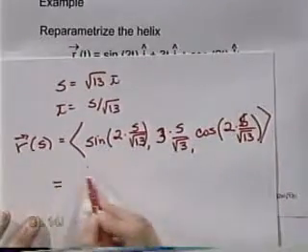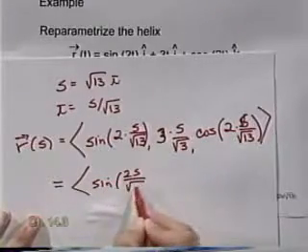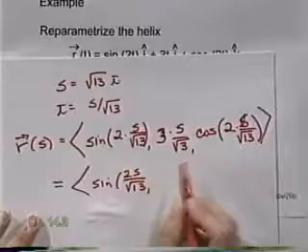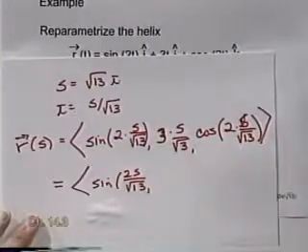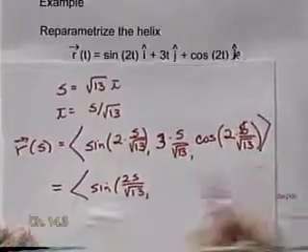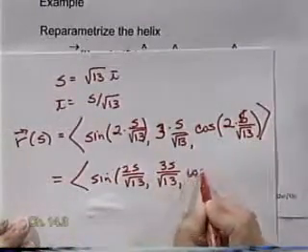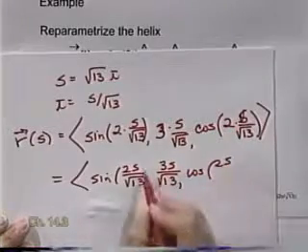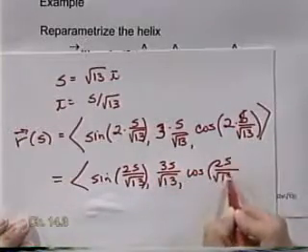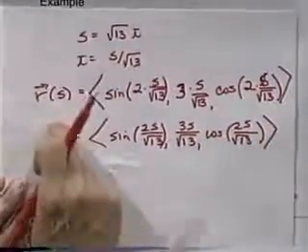And so this gives me sine of 2s over root 13, comma, 3s over root 13, comma, cosine of 2s over root 13. And now we have a parametric representation for the curve in terms of arc length.